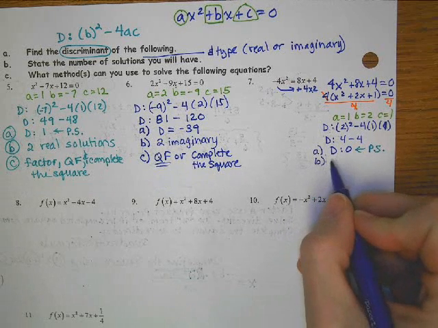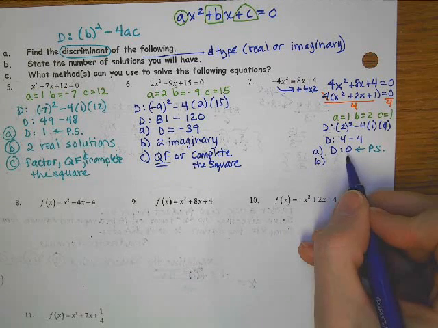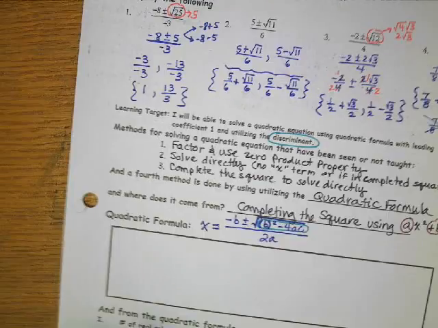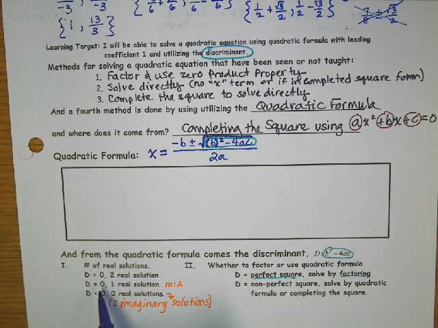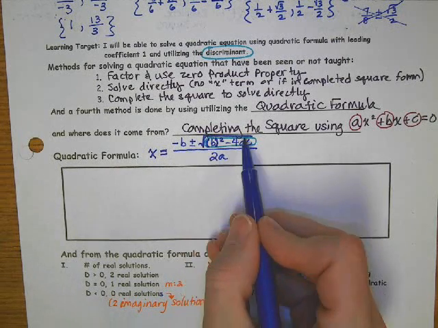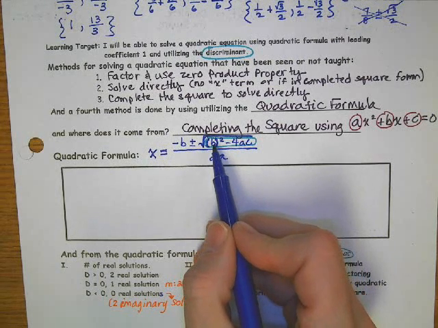Part B, be careful here, 0 is the only number that is neither positive nor negative. So if our discriminant is 0, it looks like I only have one real solution because that means that I'm taking the square root of 0, which is 0.